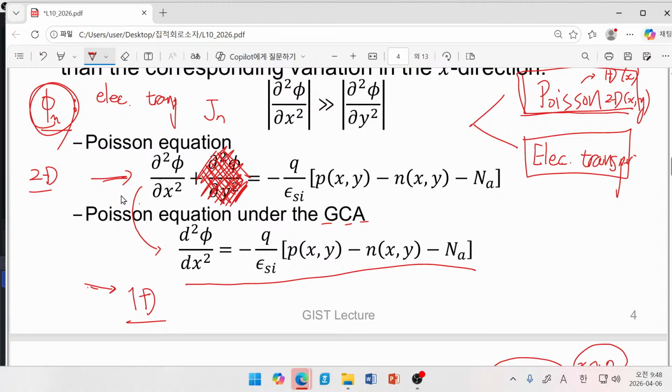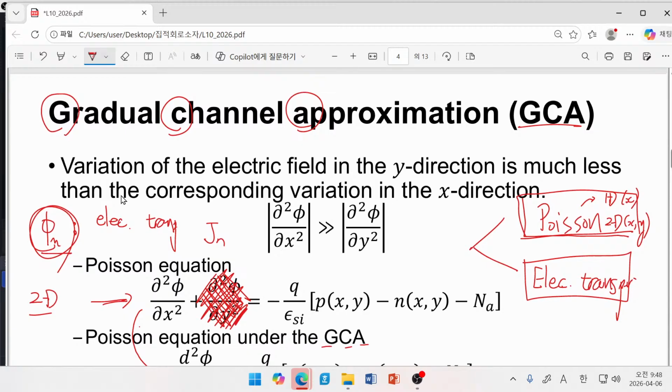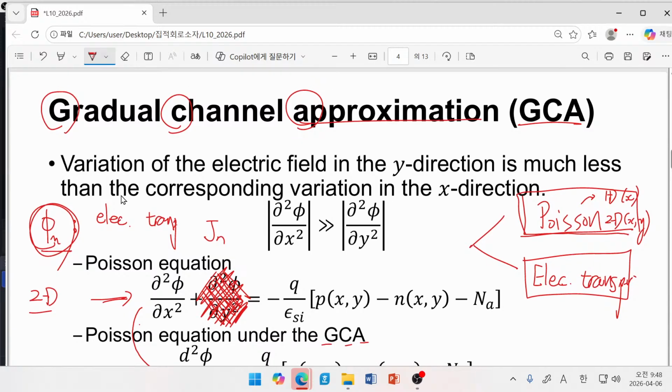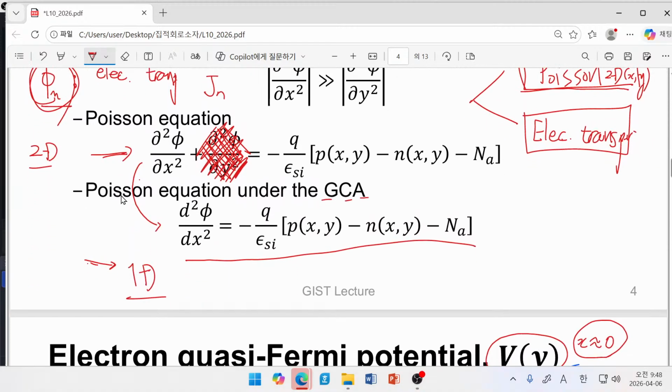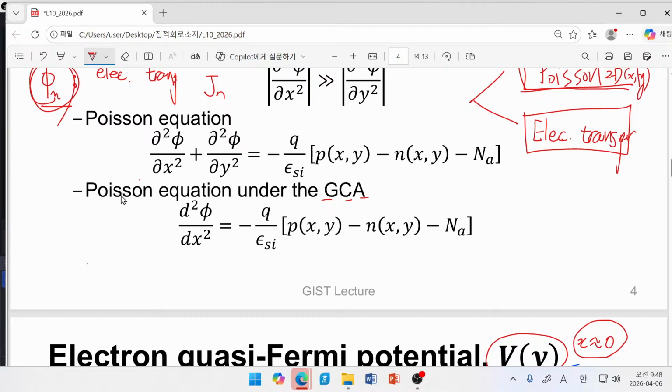Then, of course, we have made an approximation, so we have to justify why we are allowed to do this. How can we justify neglecting this term? That is quite simple.